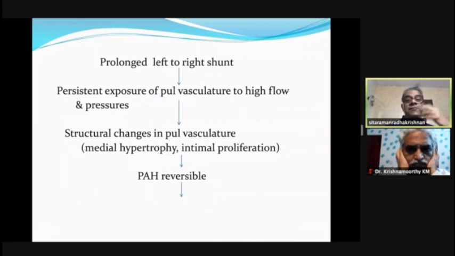The next stage would be, a prolonged left to right shunt will cause persistent exposure of the pulmonary vasculature to high flow and pressures, and then structural changes start developing in the pulmonary vasculature, initially medial hypertrophy and intimal proliferation, where at this stage the PAH may still be reversible.